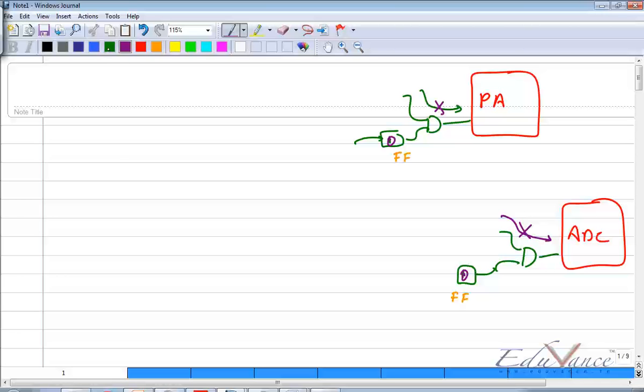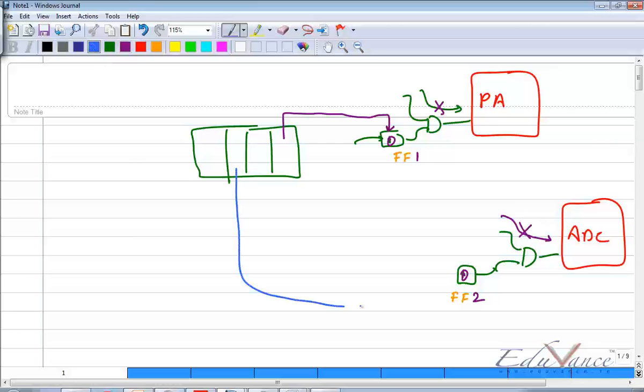Now let us say that we have a register which is a 4-bit register whose first bit is connected to this flip-flop. Let's call it flip-flop 1 and flip-flop 2, and the second bit is connected to flip-flop 2. This is just an assumption, and we are taking a very simple case.